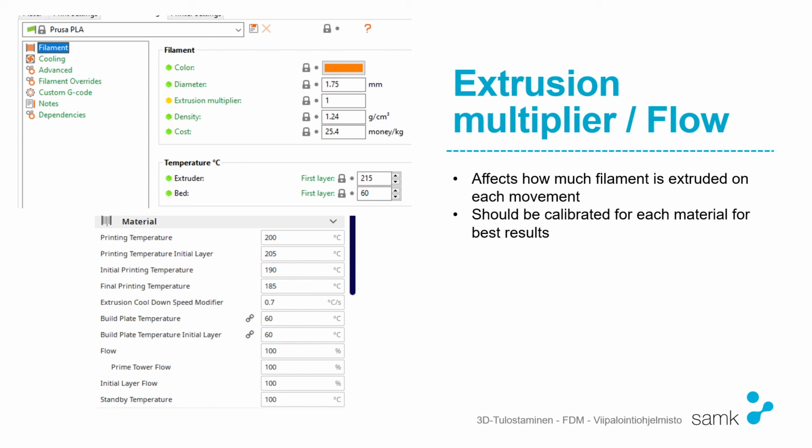But usually the default settings work. There are some cases with a bit exotic materials that will have to have their extrusion multipliers calibrated. And this is easily done by printing a simple cube with 2 perimeters and then measuring those perimeters' thickness.